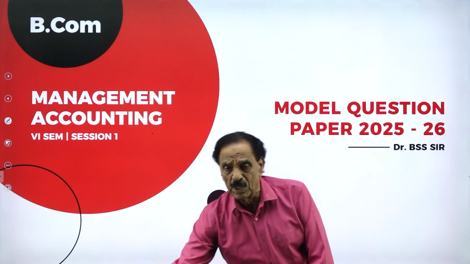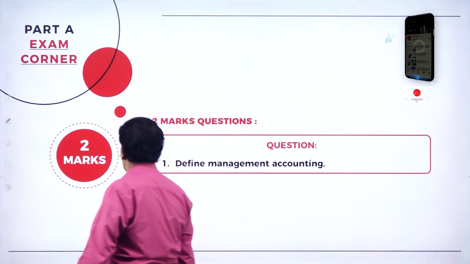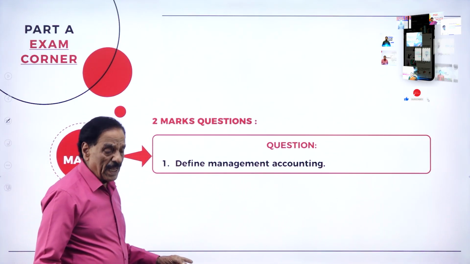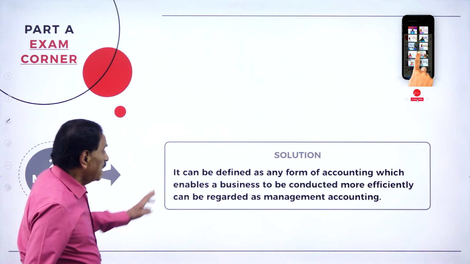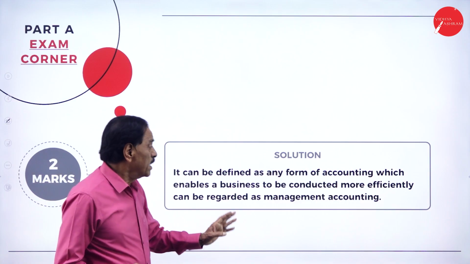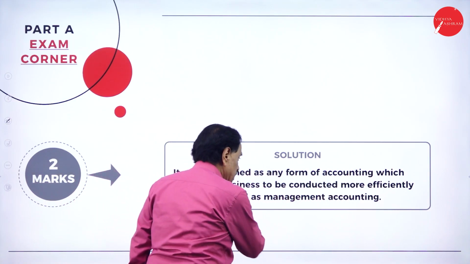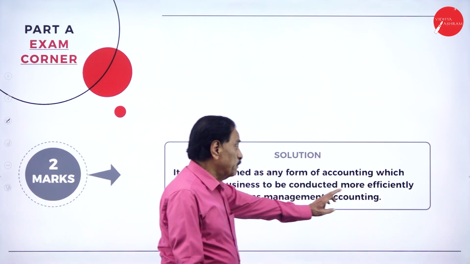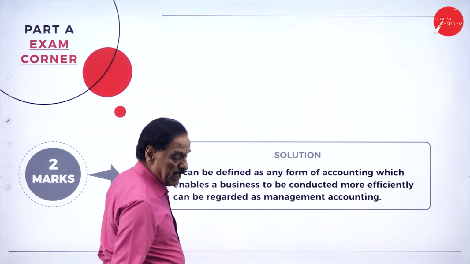We'll move on to the questions now. 2 marks question: Define management accounting. This will definitely be asked. It can be defined as any form of accounting which enables a business to be conducted more efficiently can be regarded as management accounting.